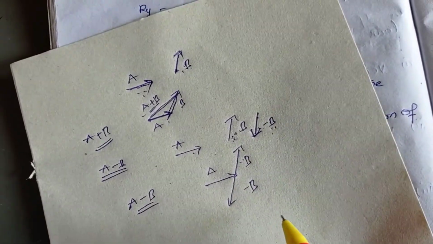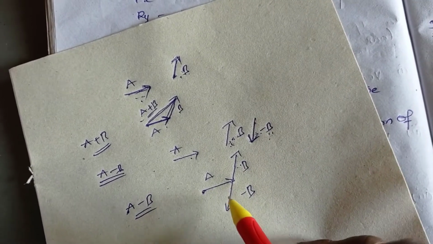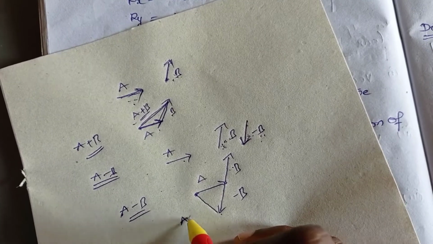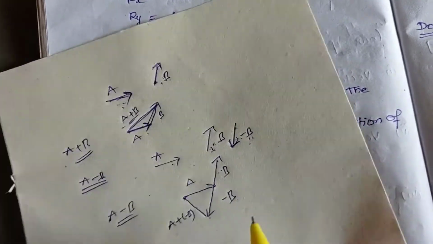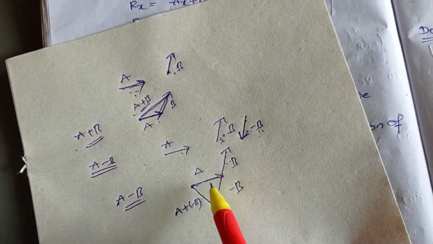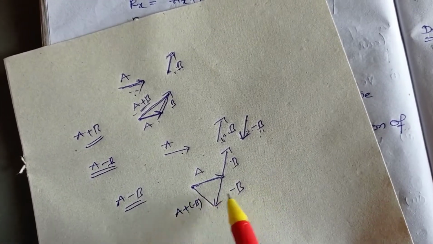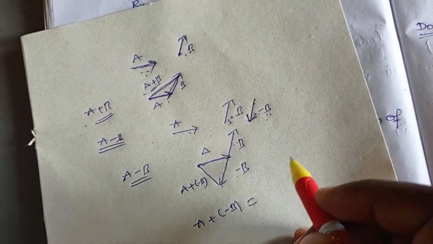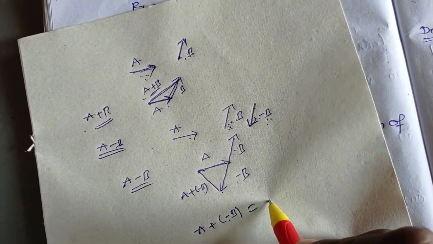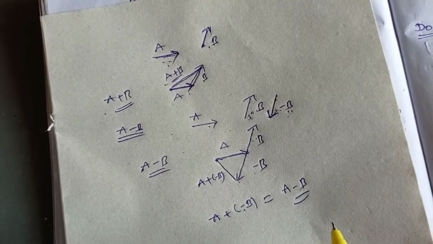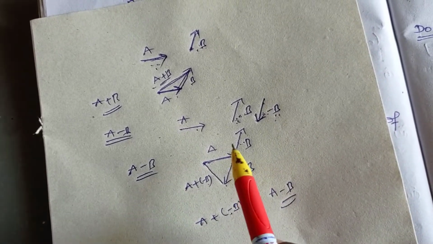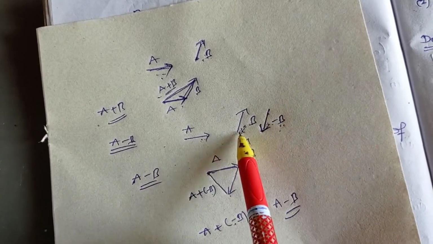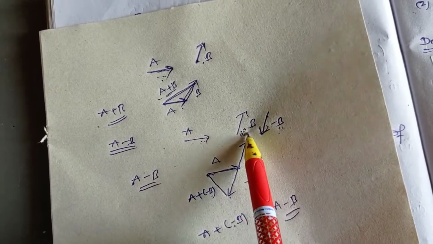This is minus B. If we connect this initial point to the final point, and connect these two points, we get A plus into minus B. A plus into minus B, what is this? Plus into minus is minus, so A minus B. The subtraction of B from A is nothing but minus B added with vector A.